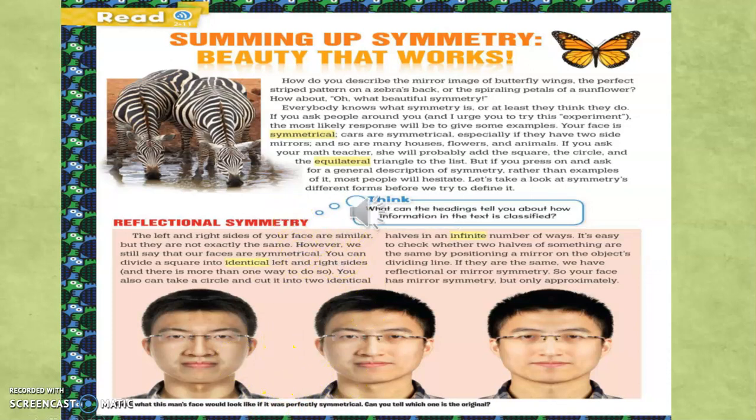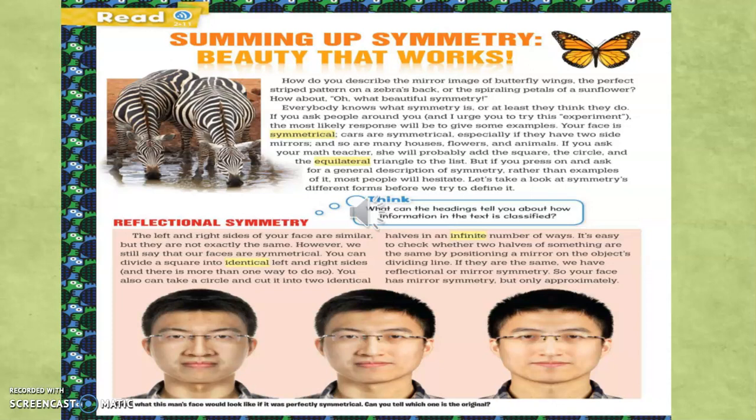Reflectional symmetry. The left and right sides of your face are similar, but they are not exactly the same. However, we still say that our faces are symmetrical. You can divide a square into identical left and right sides, and there is more than one way to do so. You also can take a circle and cut it into two identical halves in an infinite number of ways.